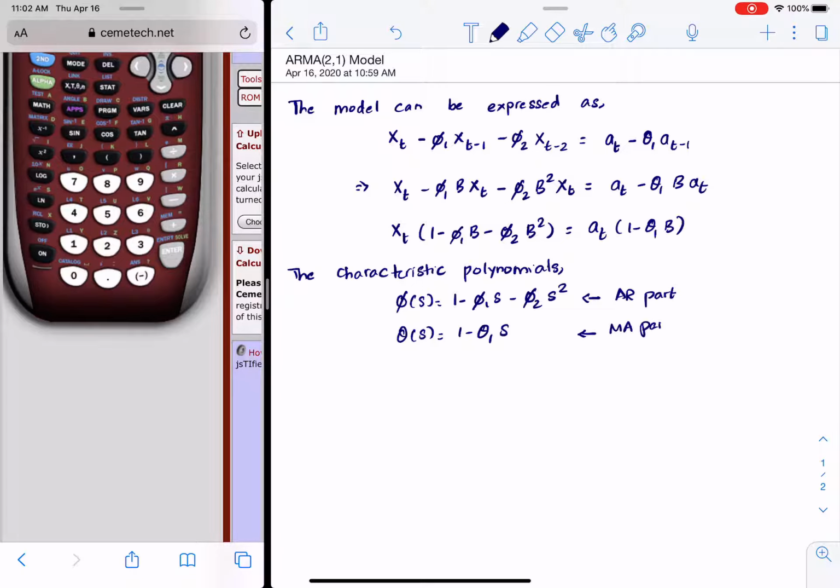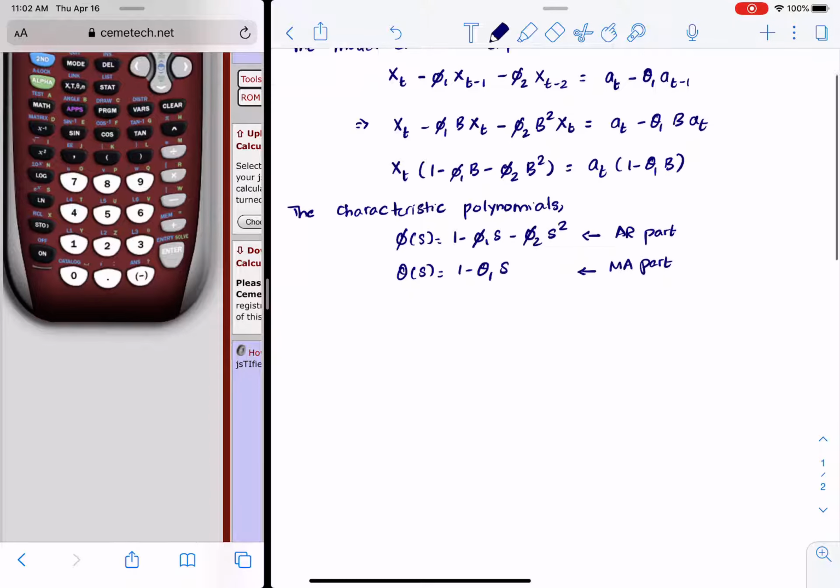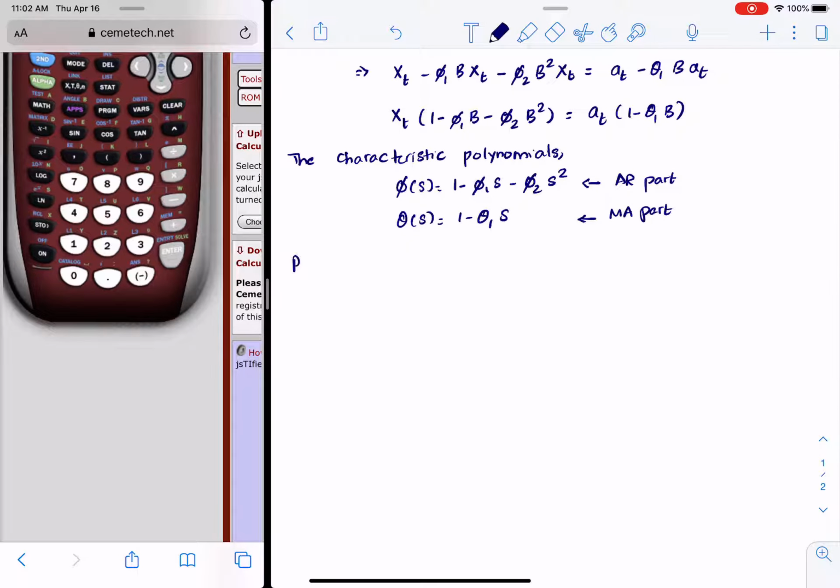And keep in mind the roots of phi(s) must lie outside the unit circle in the complex plane. And that would guarantee stationarity.